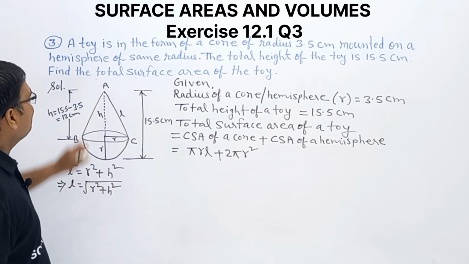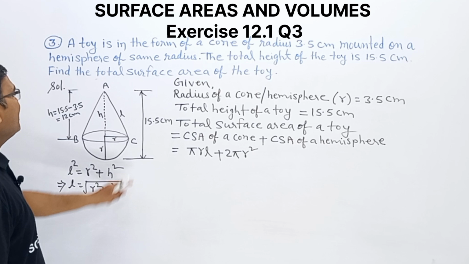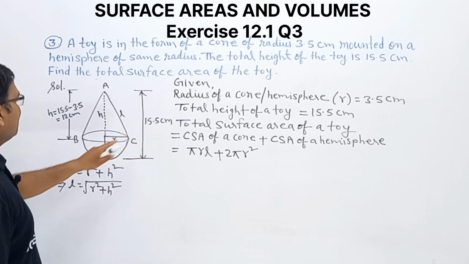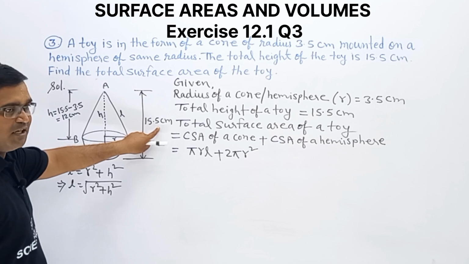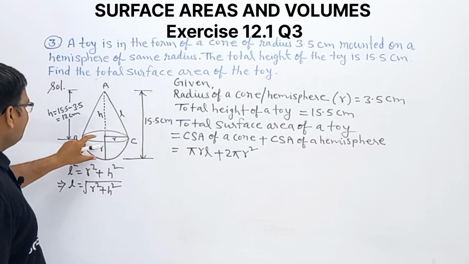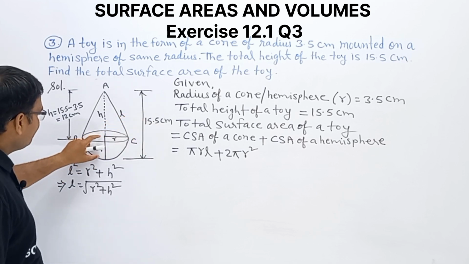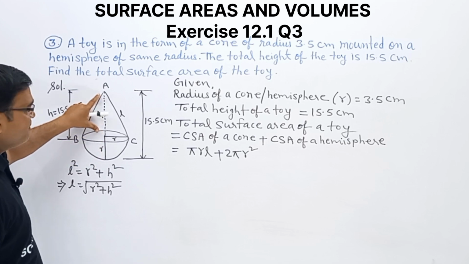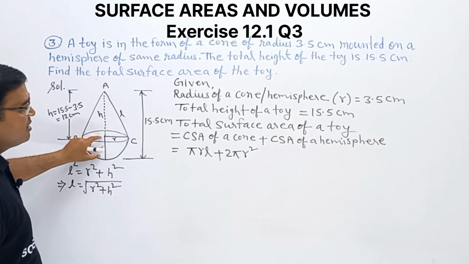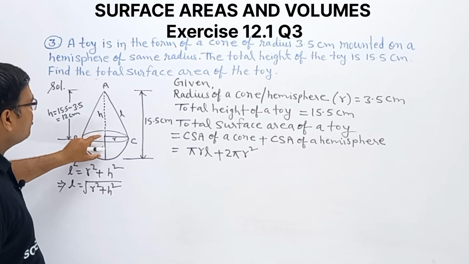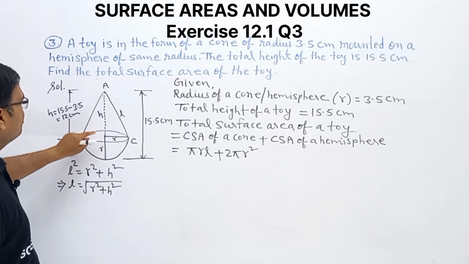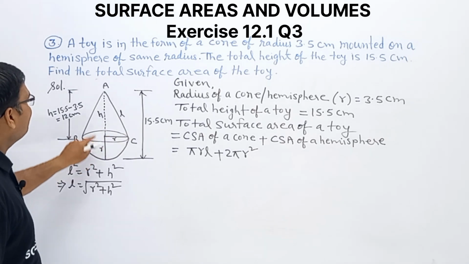What is h? The height of the cone. The total height is 15.5 centimeter. From this, once we subtract the radius of the hemisphere, we get the height of the cone. So total height minus r will be h.